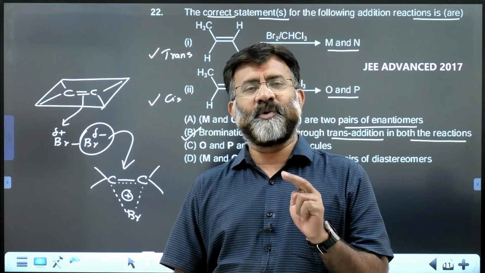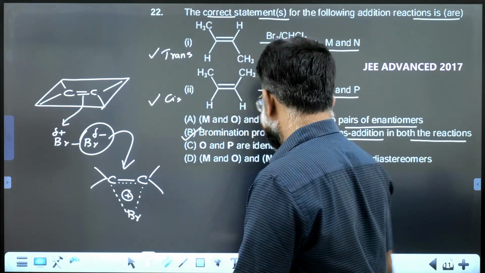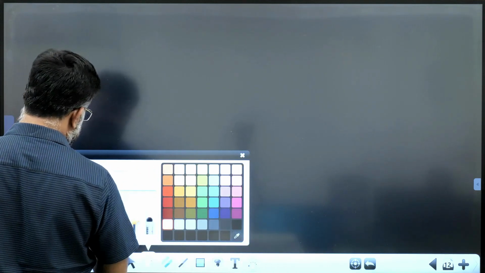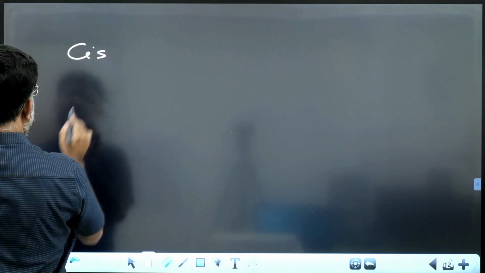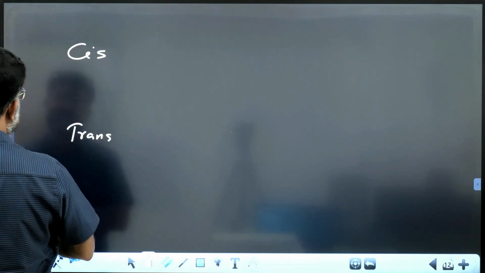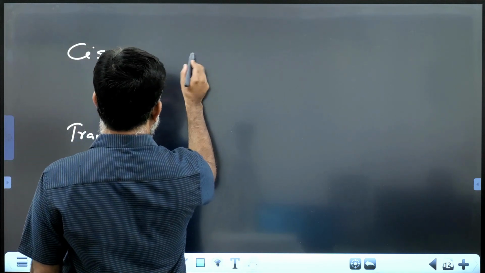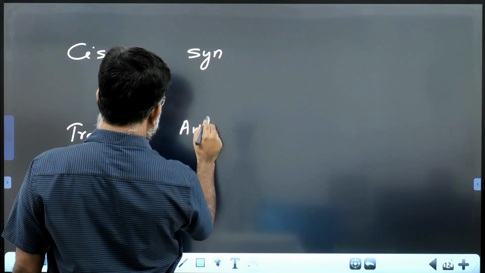There are two types of product, racemic and meso. So there are two types of reactants, cis reactant and trans reactant, and two types of reaction.